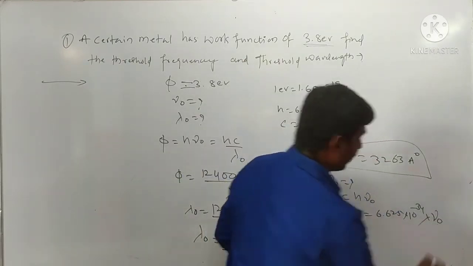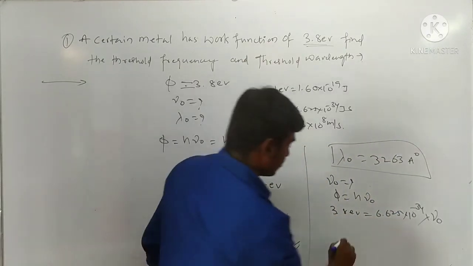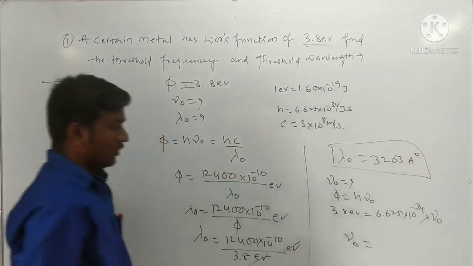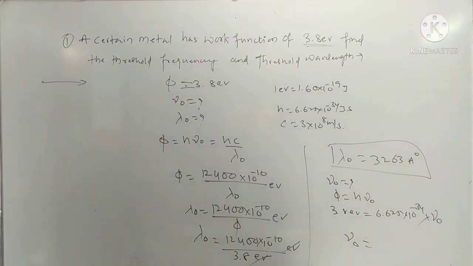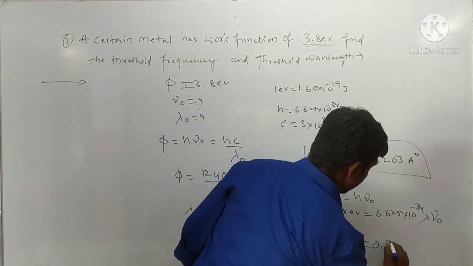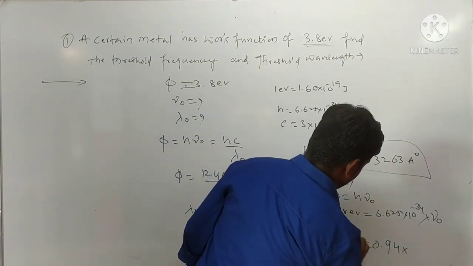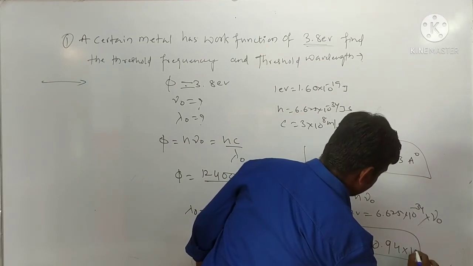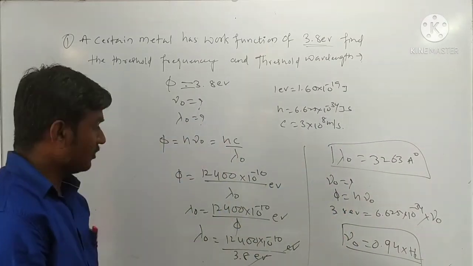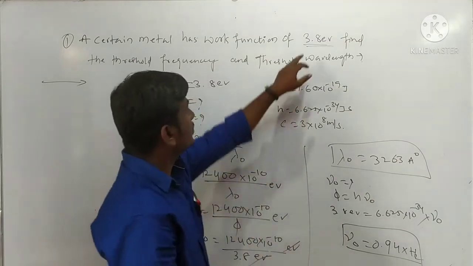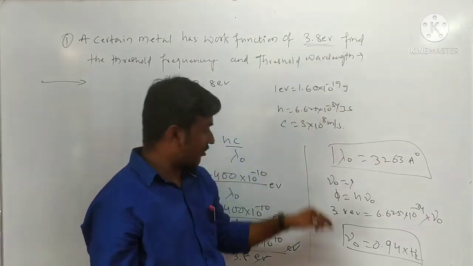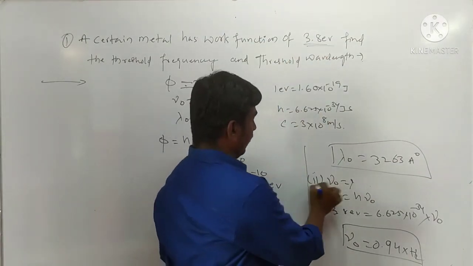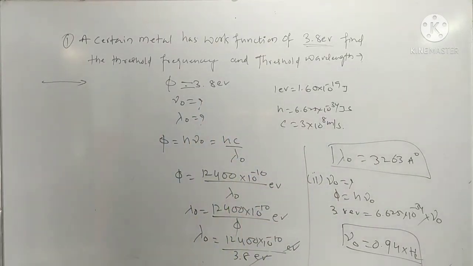So dividing the things, nu naught equal to 0.94 hertz. So this is the threshold frequency for this work function of 3.8 electron volt. So this is your calculation for this problem.